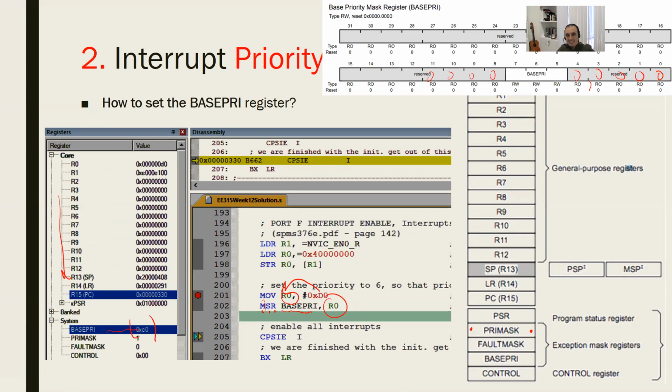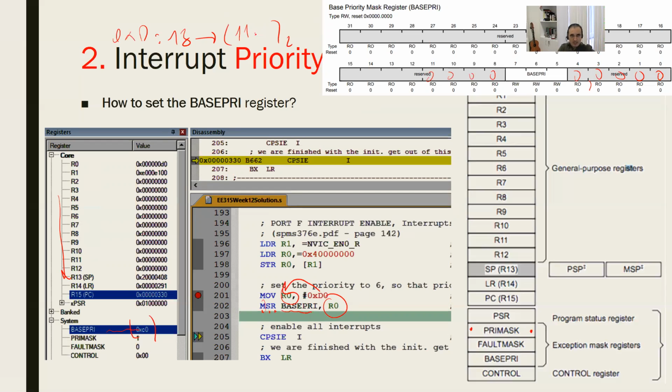And if I write D to this R0, what is D in decimal? I cannot hear you. 13, thank you. What is D in binary? 1, 1, 0, 1. If there's a 0 at the end, that means it's an even number. Don't forget this. And 13 is an odd number.